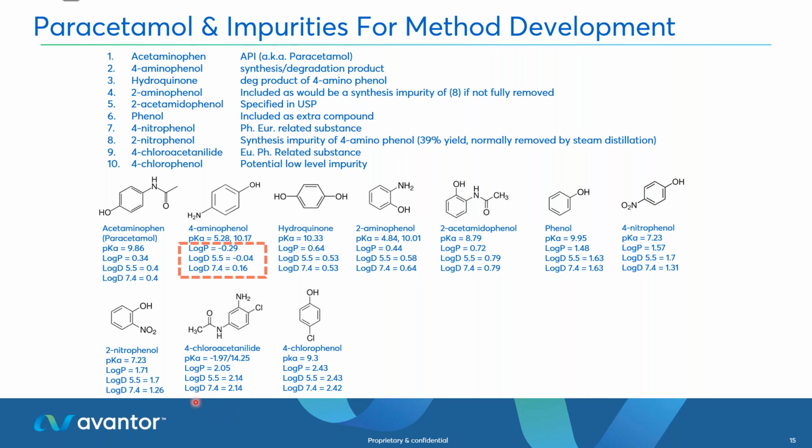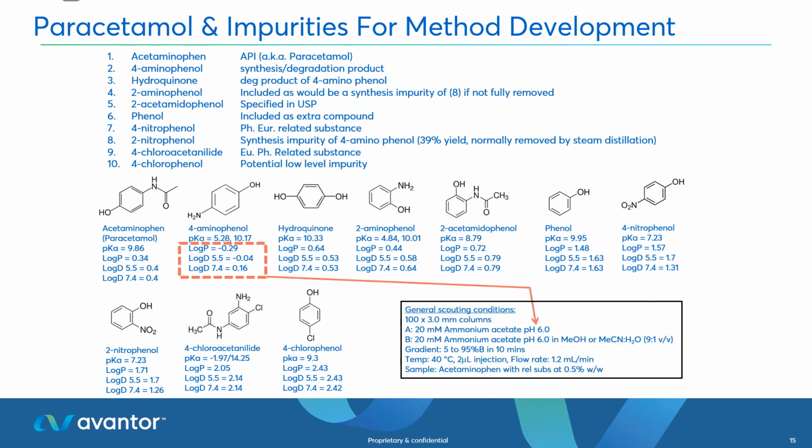You can see from the log P value, it's got a negative log P. It's not going to be particularly hydrophobic at the low pH that we normally run our methods at. If you increase the pH, it gets more hydrophobic, so we'll get more retention. And therefore, in this instance, we didn't actually use our standard screening method, which would be a low pH method. We decided to move the pH up to pH 6, and that meant that we could get better retention for this analyte of interest.